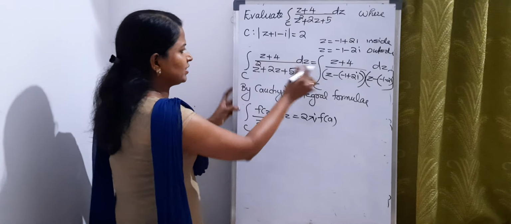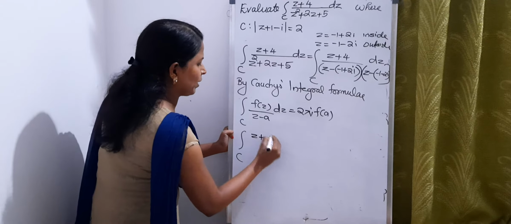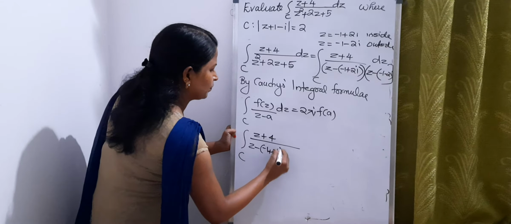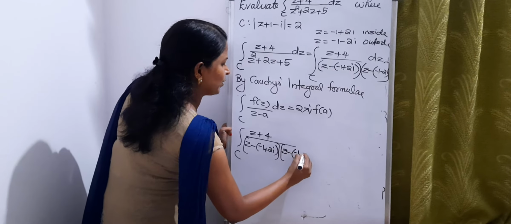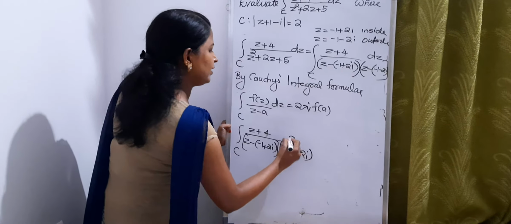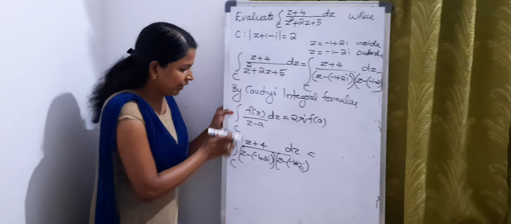Here this integral over c, z plus 4 by z minus of minus 1 plus 2i into z minus of minus 1 minus 2i dz is equal to, compare these two, LHS, compare.